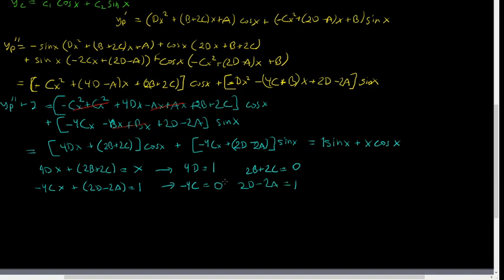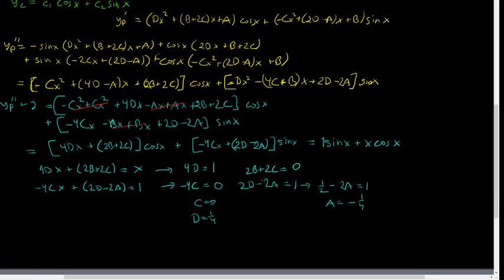So that tells us that c is 0. It tells us that d is 1/4 right away. And, well, if d is 1/4, 2 times d is 1/2, minus 2a equals 1. And so negative 2a is just going to be 1/2, which means a is, I think, negative 1/4.